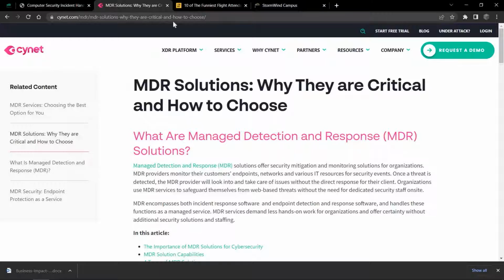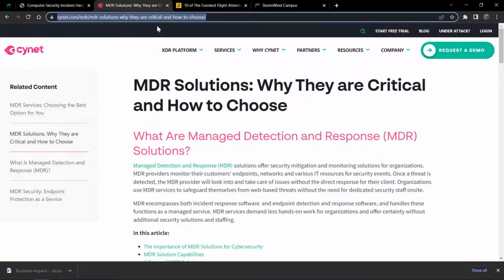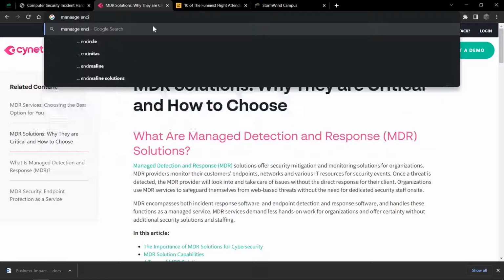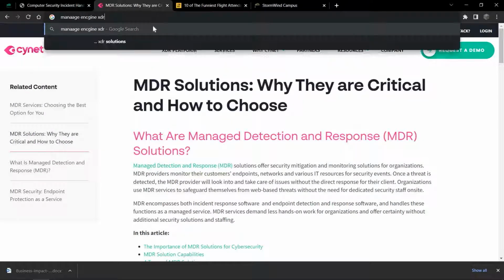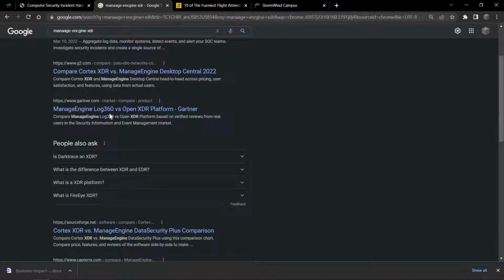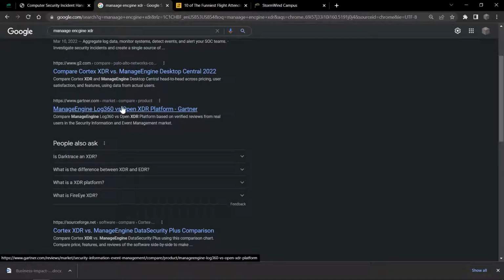And we'll double check. I don't know if they classify it with, you brought up a good point, this ManageEngine. I don't think they do. The closest they have is they call it OpenXDR, but their Log360 is the closest you're going to get to their XDR solution.